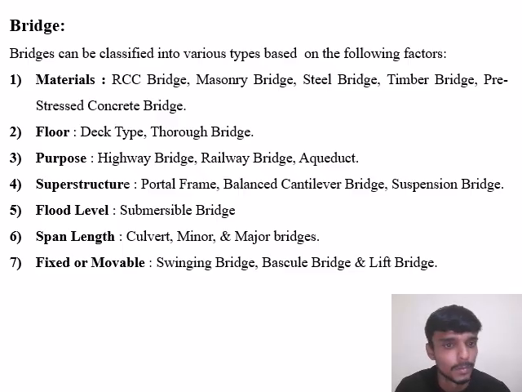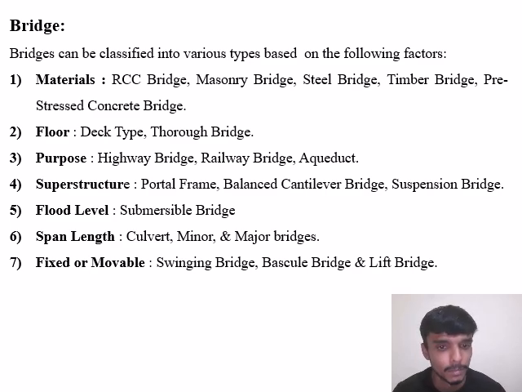Bridges based on the floor can be deck type or through bridge. On the purpose, they can be highway bridge, railway bridge, and aqueduct. Then, as a superstructure, we can classify them as a portal frame, balanced cantilever bridge, or suspended bridge.